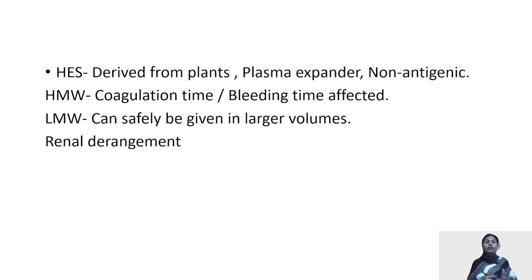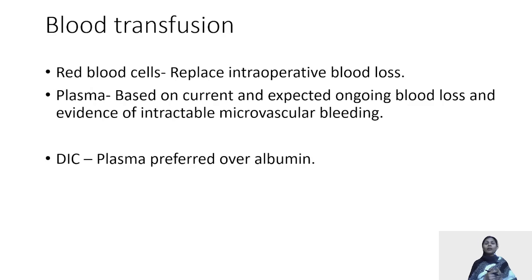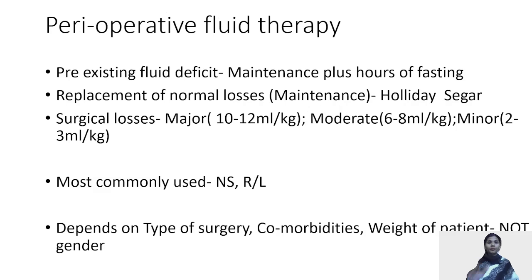And if this colloid is not present with you, then replace the blood loss with the crystalloids. Blood transfusions are done intraoperatively. Red blood cells, your plasma, your fresh frozen plasma, your platelets, they all are transferred to the patient.